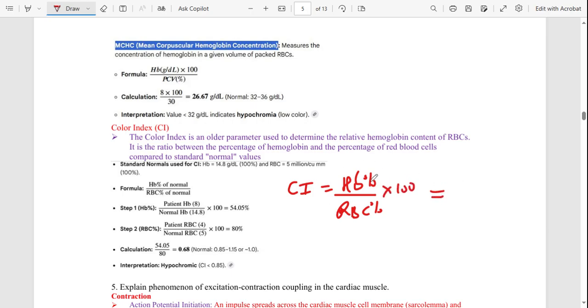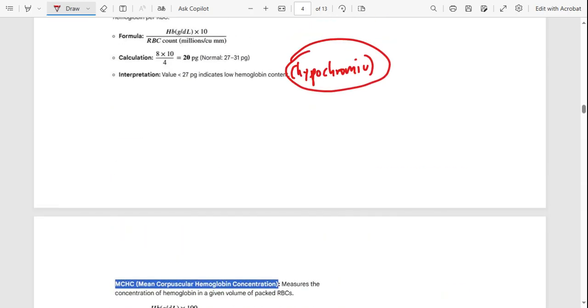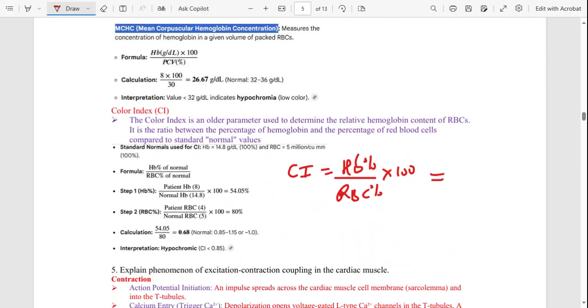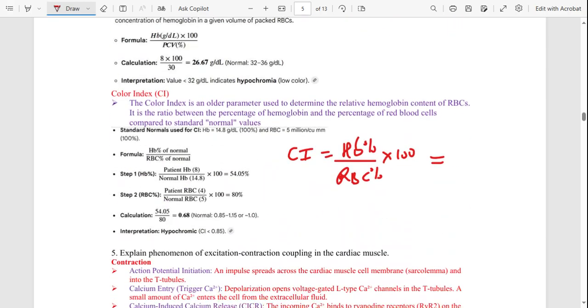Now, for you to find the percentage of hemoglobin, you use the hemoglobin that you've been given, and then you use the expected normal value of hemoglobin for a certain gender. Here, the HB that you've been given is 8. For males, they have an expected HB. For females, they also have an expected HB. Okay.